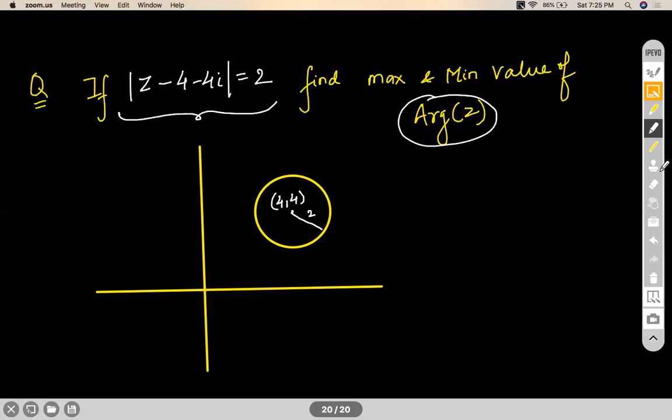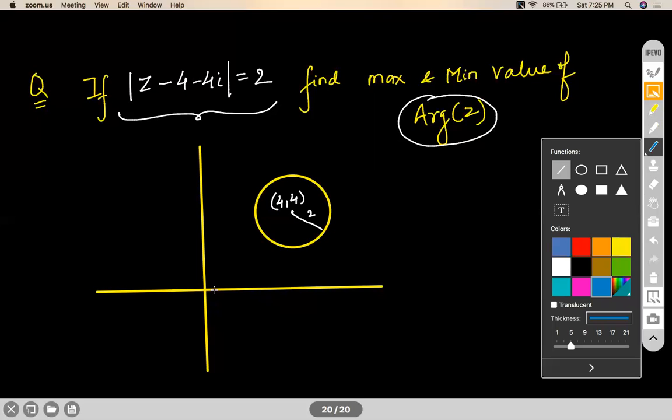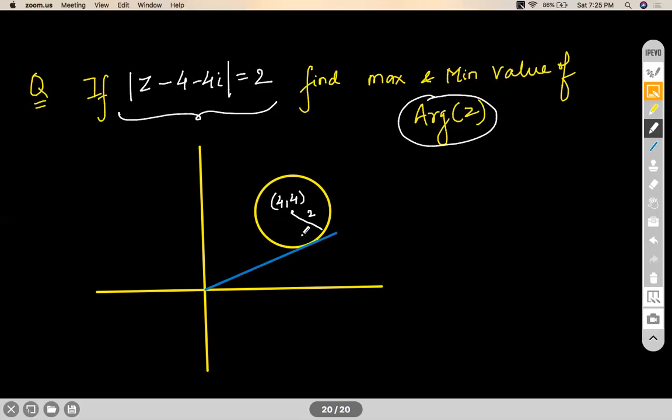Okay, do you all see this? So can I say when your Z is satisfying this condition, it is supposed to lie on this circle? Okay, Aditya, let's check. So can I say the minimum value of the argument would be when you draw a tangent to the circle, just touching the tangent at this point? So this complex number, let's say I call it Z1, this will have the minimum argument.